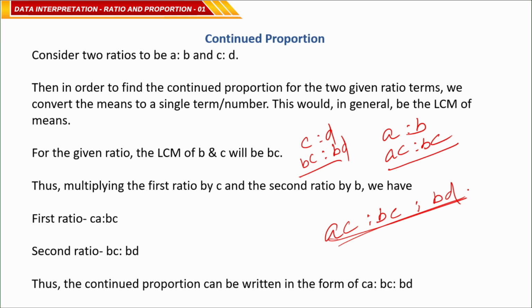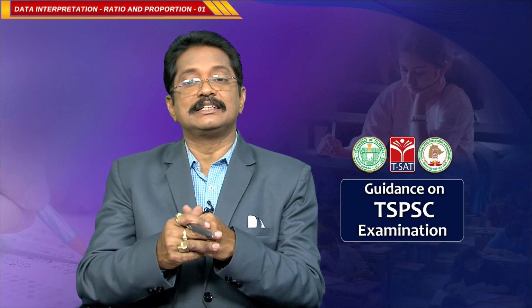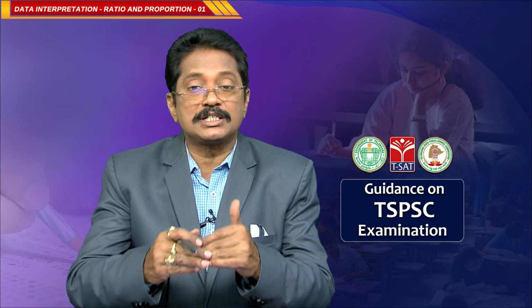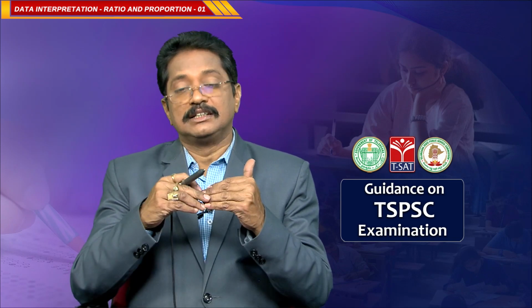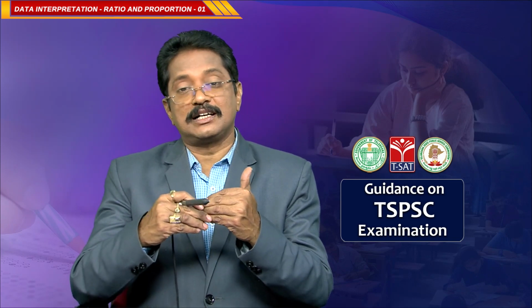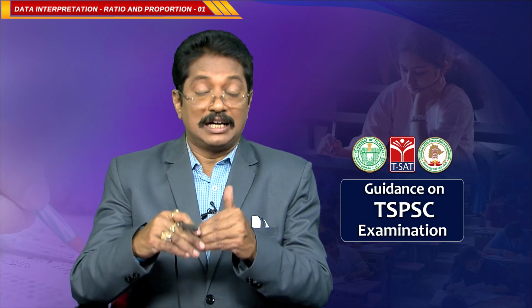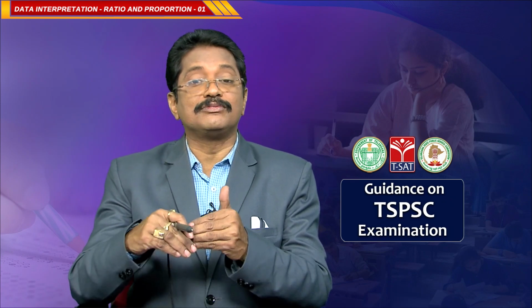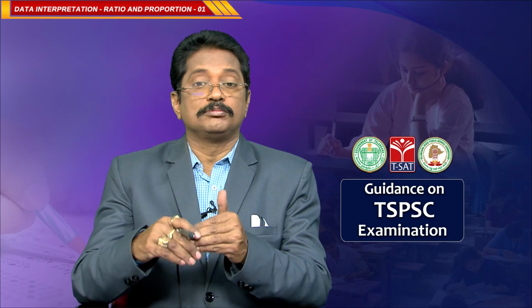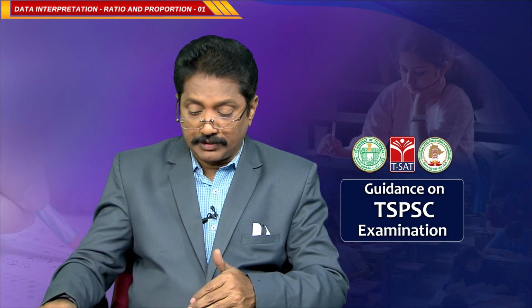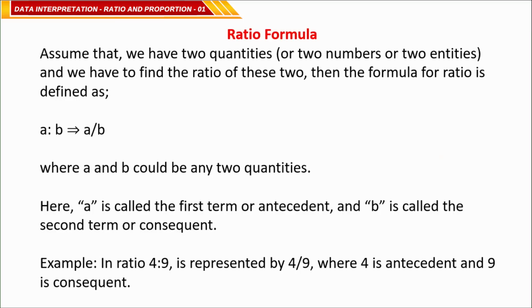Clear? In this manner, you can say it is a continued proportion. So, there are three proportions, as you know: one is called direct proportion, second one is called inverse proportion, and the third one is called continued proportion. Clear? Okay.